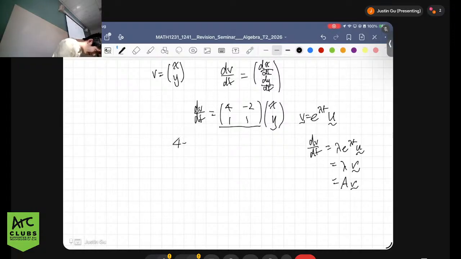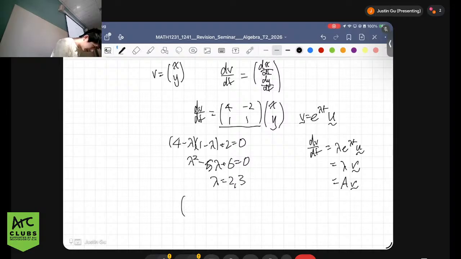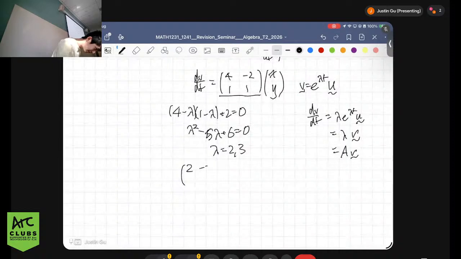Let's look at the characteristic polynomial, right? Lambda squared minus 5 lambda plus 6 equals 0, so lambda equals 2, 3. For 2, the corresponding matrix will be [2, -2; 1, -1], so this has solution (1, 1).